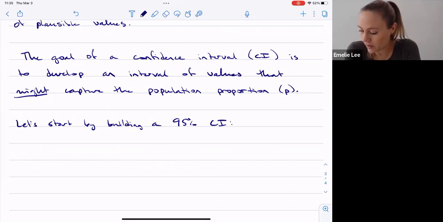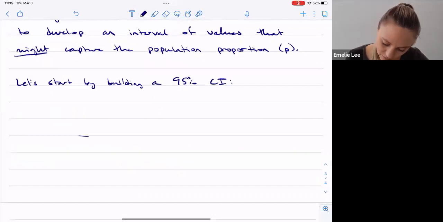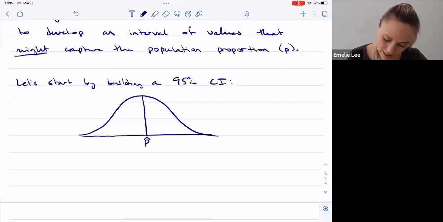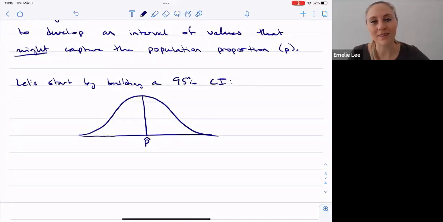So for a 95% confidence interval, if I have this normal distribution centered on p hat, then I also know that I've got the empirical rule that I can rely on.